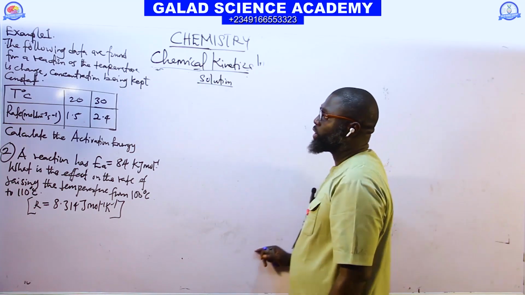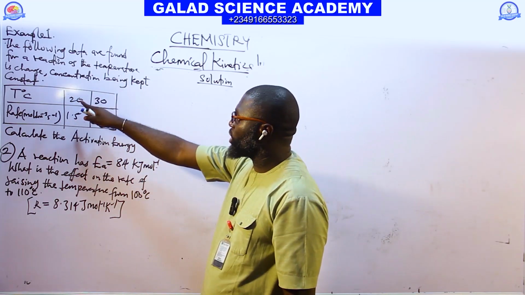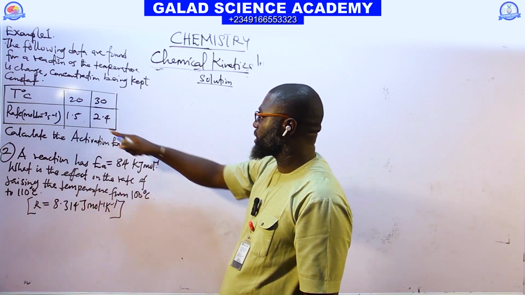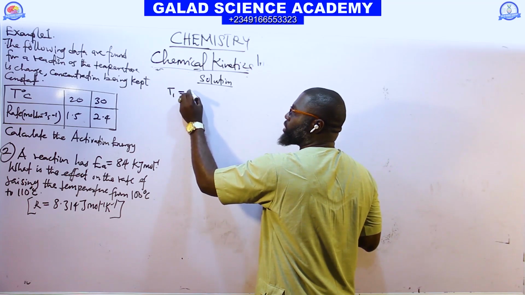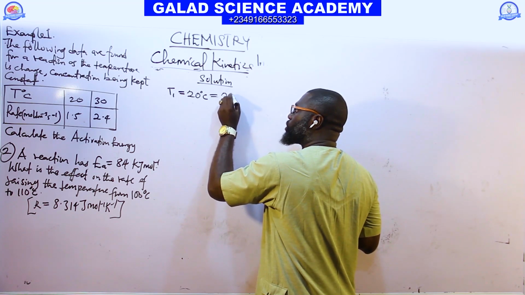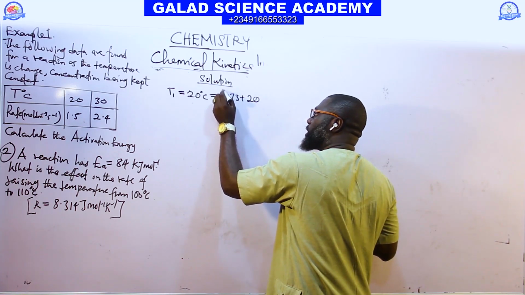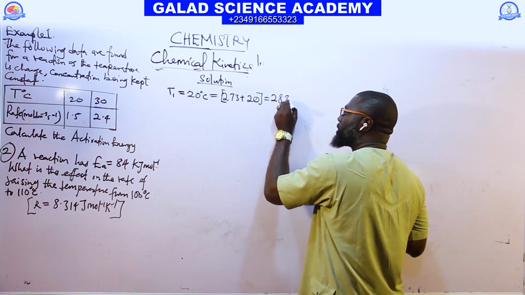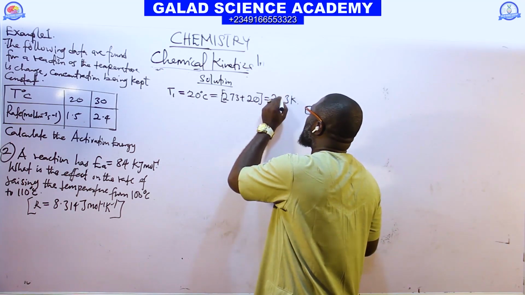Solution. The first question: the following data are found for a reaction as temperature is changed, a certain pressure being kept constant. So we are given two temperatures there. The first one, T1, is 20 degrees C. Convert it to Kelvin: 273 plus 20 gives us 293 Kelvin.